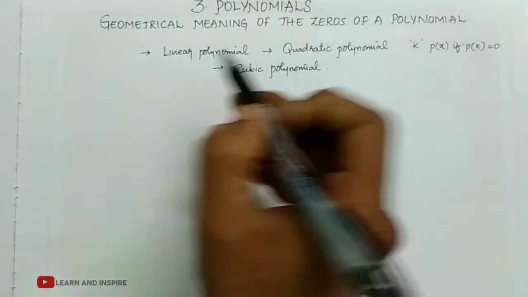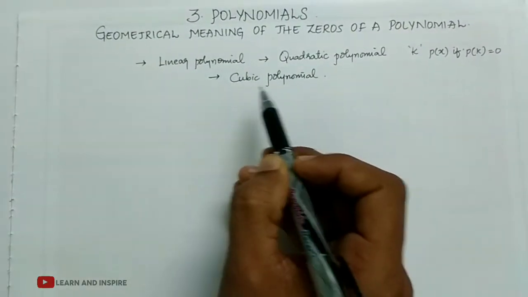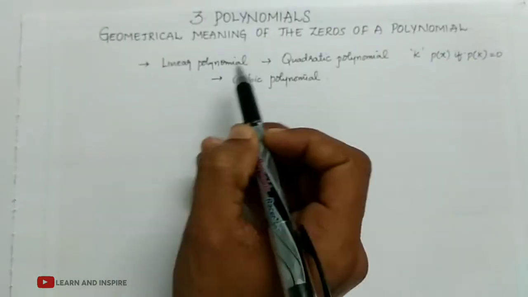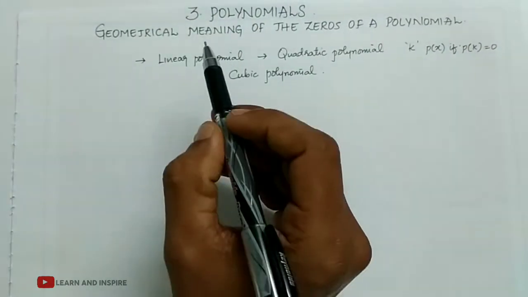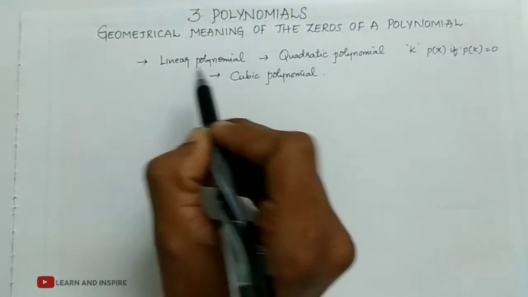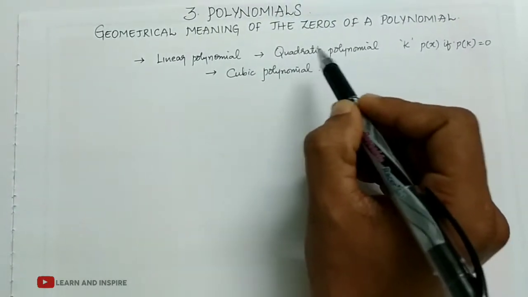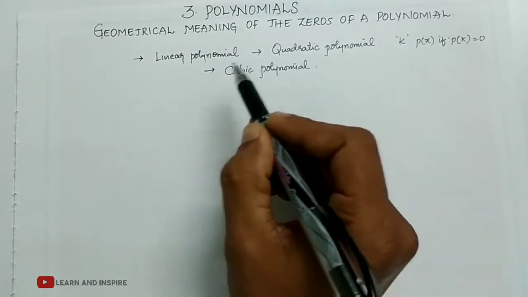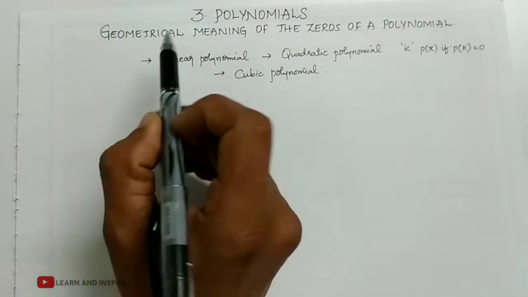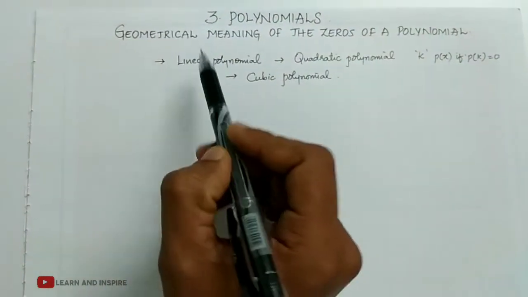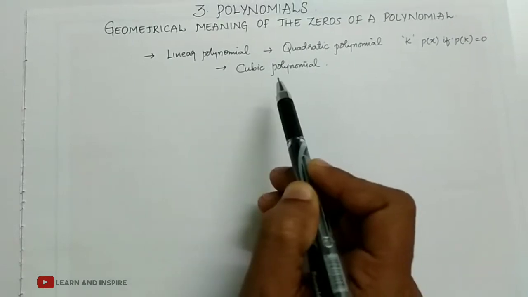As we know, a polynomial with degree 1 is called a linear polynomial, degree 2 is called a quadratic polynomial, and degree 3 is called a cubic polynomial.